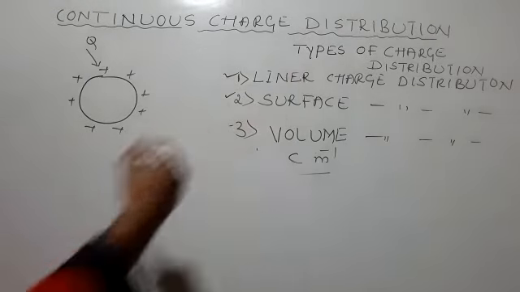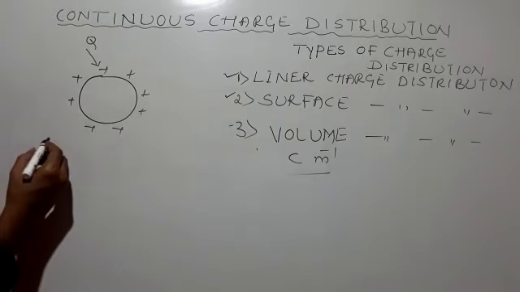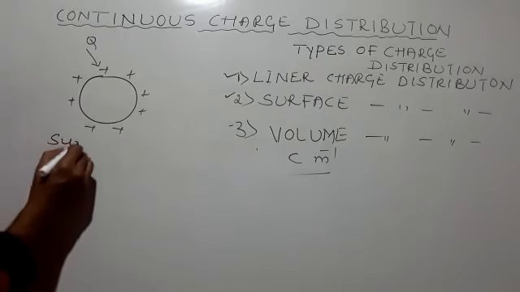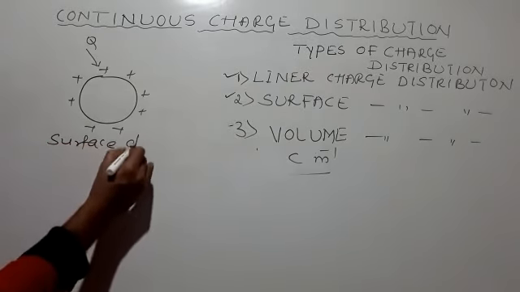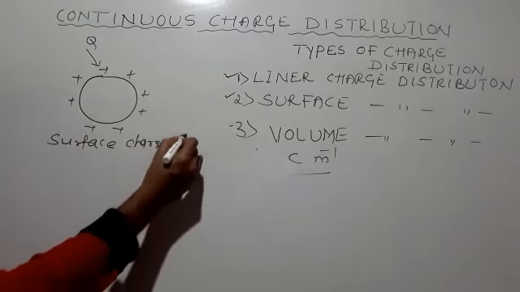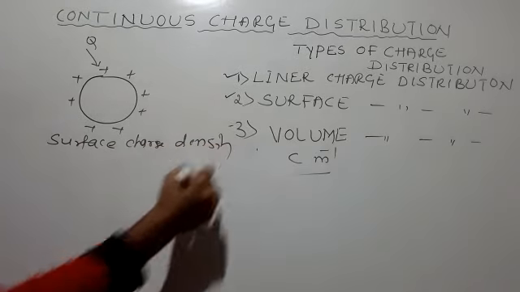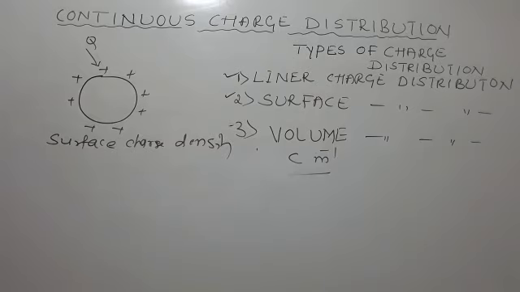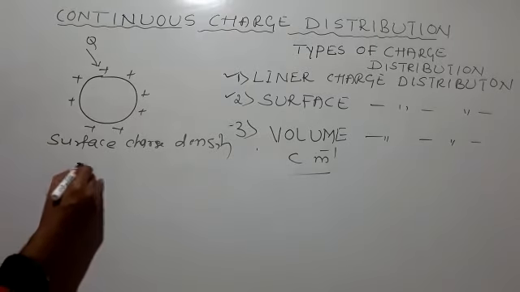With respect to surface charge distribution, we can define surface charge density. Okay, it's the number of charges per unit surface area. It is denoted by sigma.